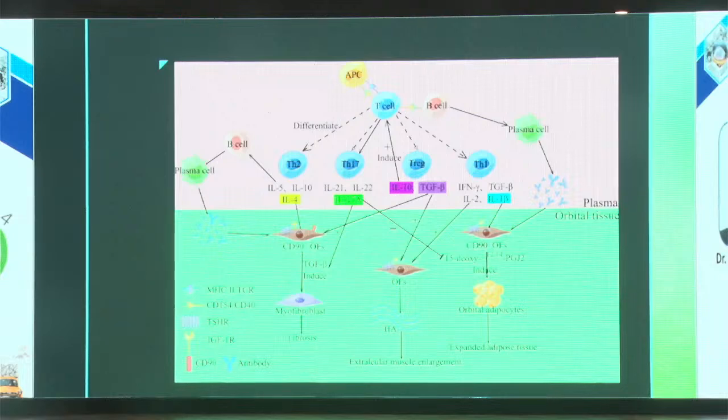It stimulates various other downstream pathways perpetuated by factors like IL-10, TGF-beta, interferon gamma, IL-1 beta, interleukin-6, etc. And these in effect cause the skin and the orbit to change.